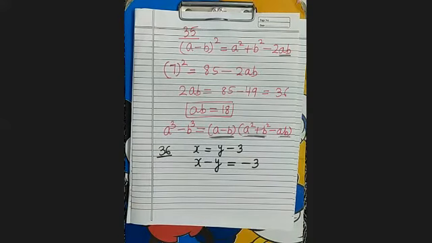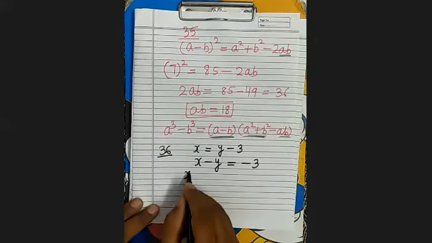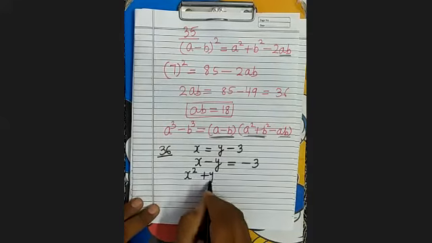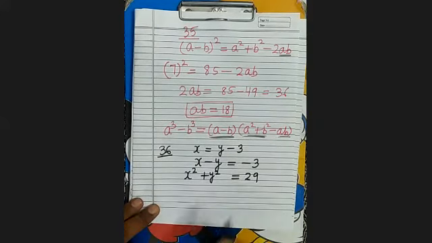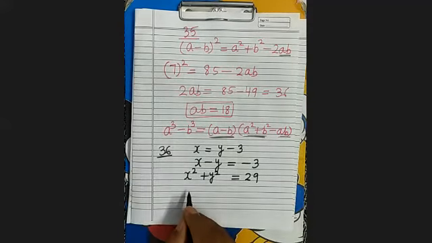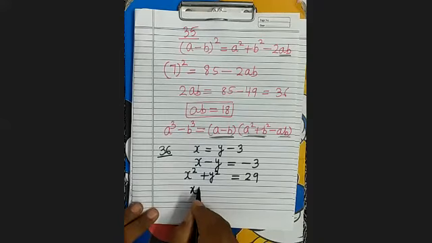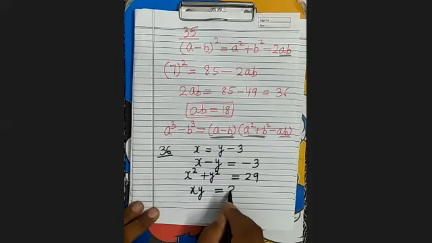And the sum of the squares of x and y is 29. Sum of the squares means x square plus y square equals 29. So you have to find the product of x and y, that is xy.